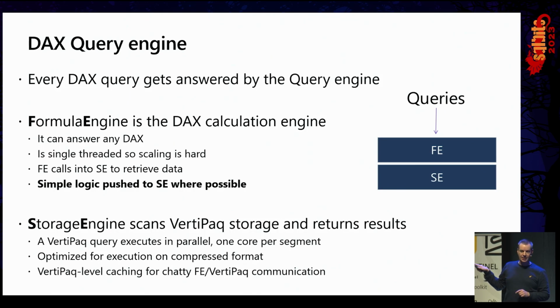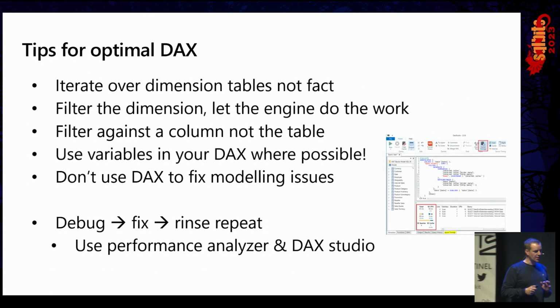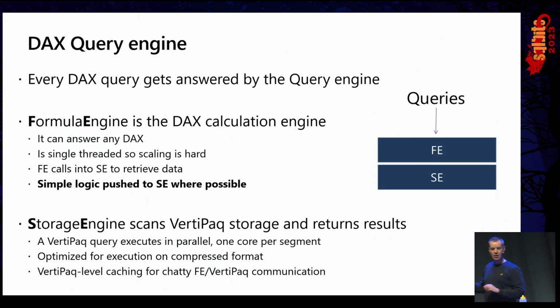It has caching. The most important takeaway about this one is make sure you keep your DAX as simple as possible, because you want to open up DAX Studio and see more storage engine queries than formula engine queries. And that is the reason for you to simplify your DAX expressions.